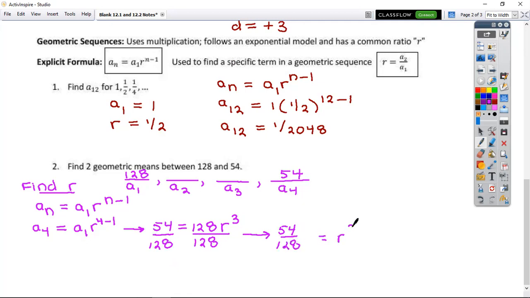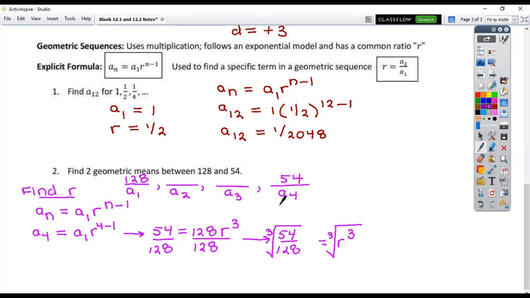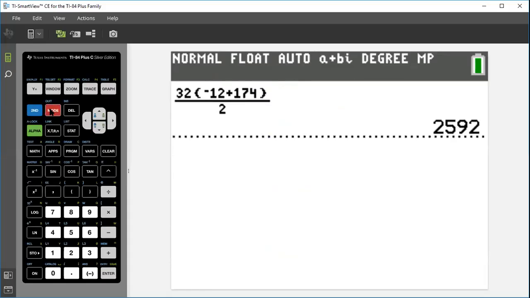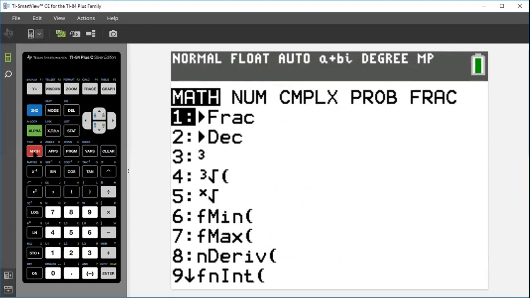And how do you undo a cube? Cube root. Yep. So cube root, I'll show you on the calculator in 1 second, but we're going to write it first. And then cube root 54 over 128. All right, so in your calculator, just in case you forgot, you're going to go to your home screen, you're going to hit math, and your cube root feature is right here.